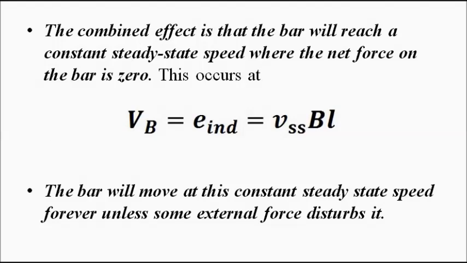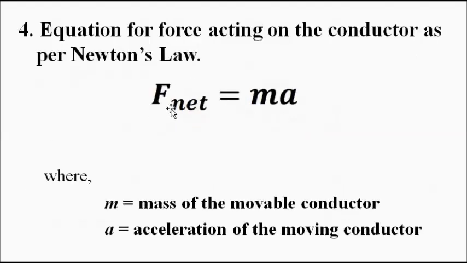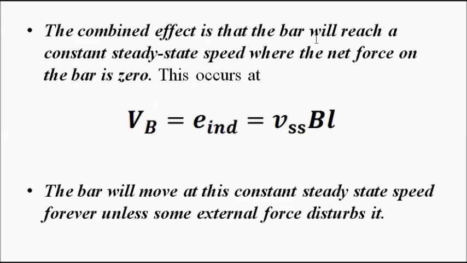So when acceleration is 0, this net force F becomes 0, and the force acting on the conductor will be 0. At that point, when it acquires the steady state speed, the battery voltage equals the induced voltage. The induced voltage and the supply voltage become equal.